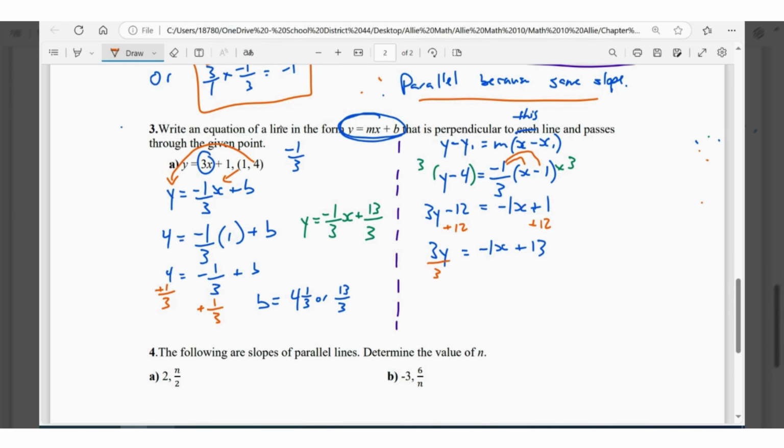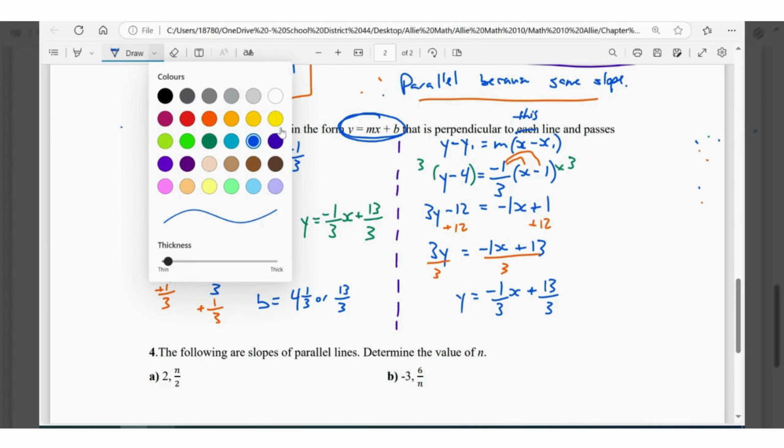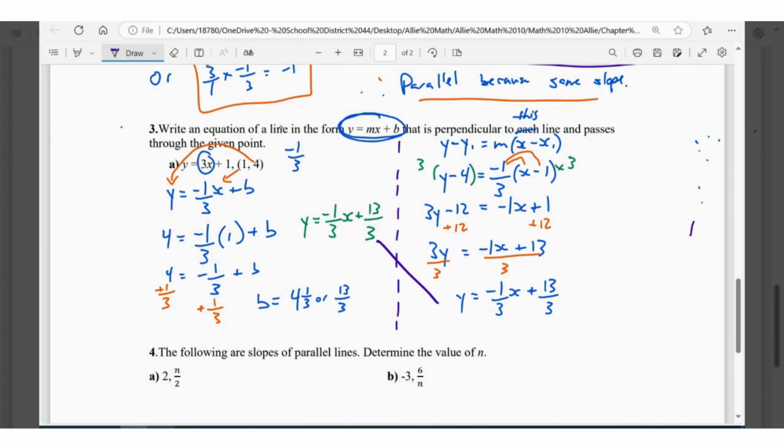We're going to divide by 3 on each side. And then there you have it. Y equals -1/3x plus 13/3, the same as our other one. So 2 different ways to do it. Might make sense sometimes to use this version, might make sense sometimes to use the other version. So that's up to you.